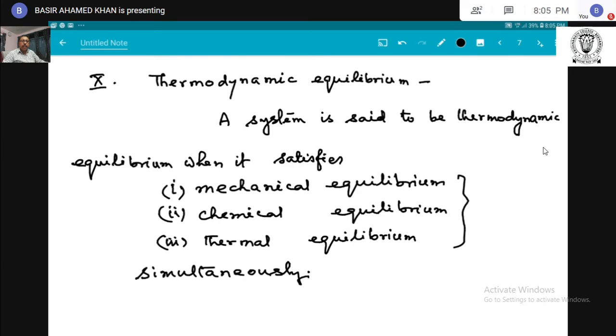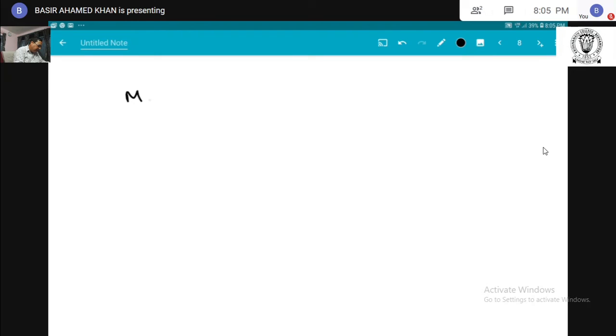Now what is mechanical equilibrium? For a system to be in mechanical equilibrium, there should be no movement within the system or of the system with respect to surrounding.